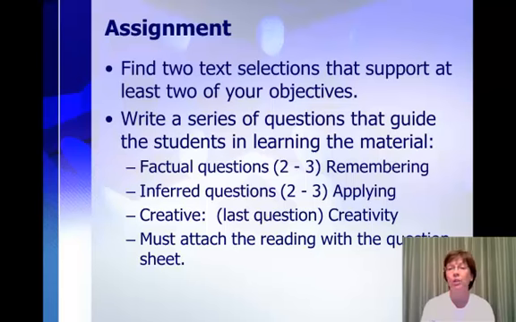I would like you to include at least 2 to 3 factual questions, and that would be regarding Bloom's taxonomy, the remembering level. 2 to 3 inferred questions, which is going to relate to the applying level of questioning. And then the last question is a creative question or a creativity question.